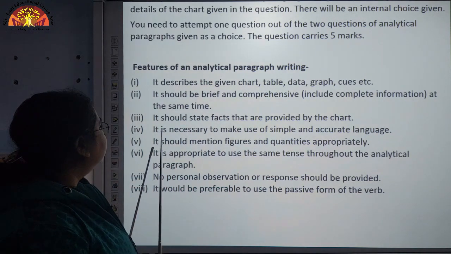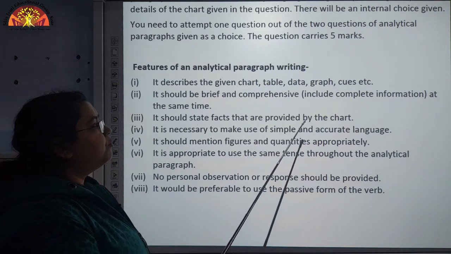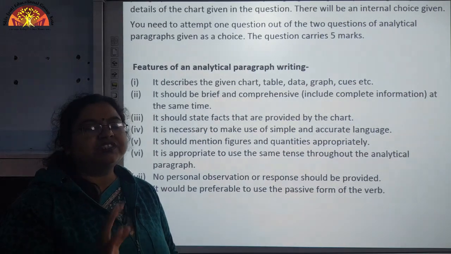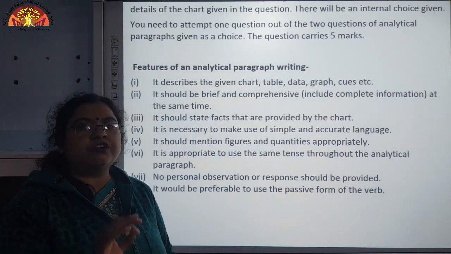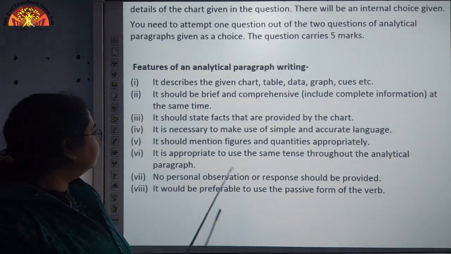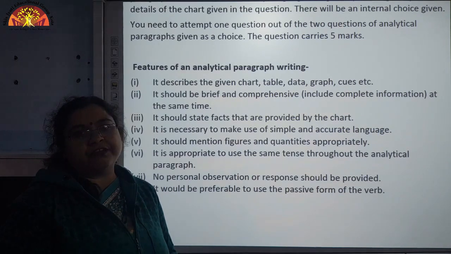The next aspect is that it should state facts that are provided by the chart. You should not deviate from the facts given to you in the chart or the table. You have to strictly follow that information. It is necessary to make use of simple and accurate language.